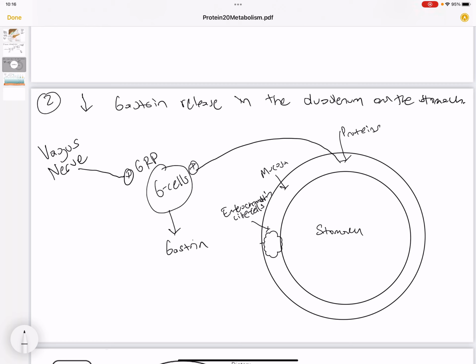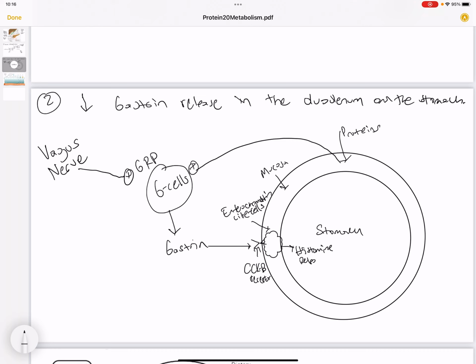These cells have a receptor, and this receptor is called the cholecystokinin B receptor. Once gastrin binds to the cholecystokinin receptor of the enterochromaffin-like cells, it is going to result in histamine release.